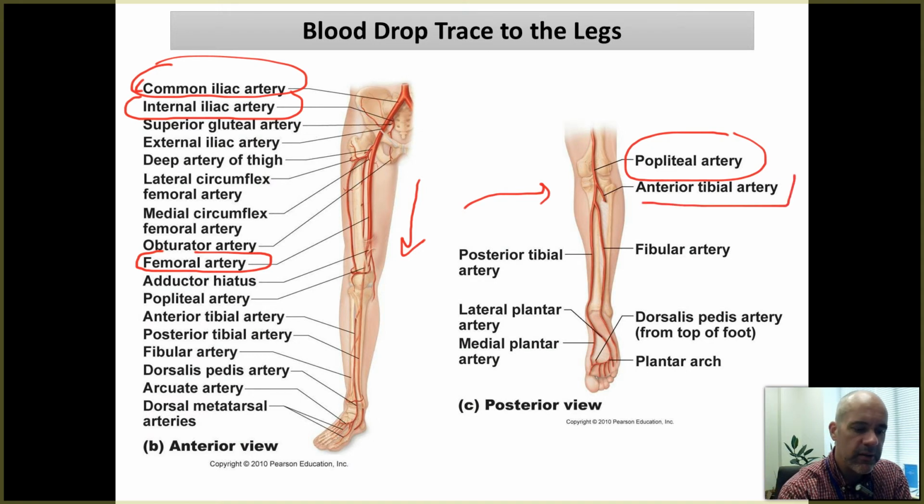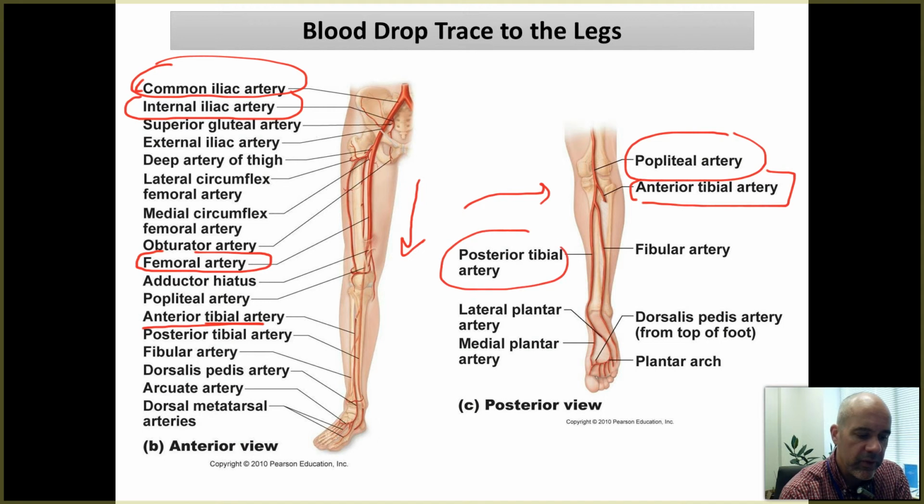There is an anterior tibial artery that you need to know, and that one's going to go just where it sounds. It wraps back around onto the front side of the tibia, the anterior side of the tibia. It runs along it, which you can see over here on this side of the diagram as well.